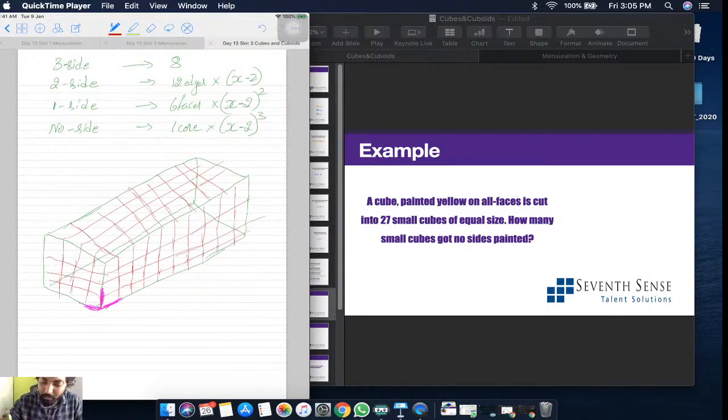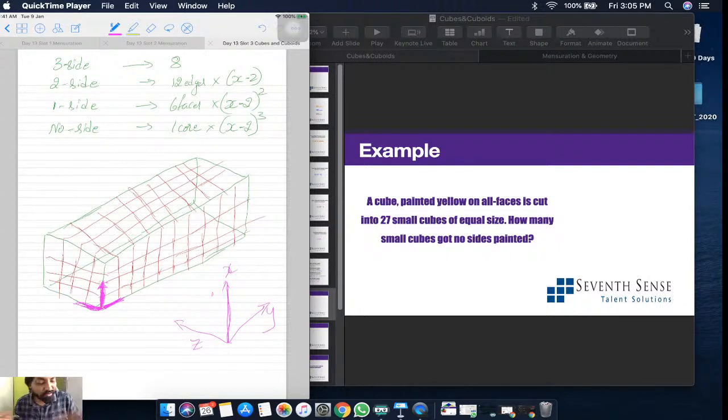Let's say I'll mark this as x, y, and z. This is x-axis. This is y-axis and z-axis.